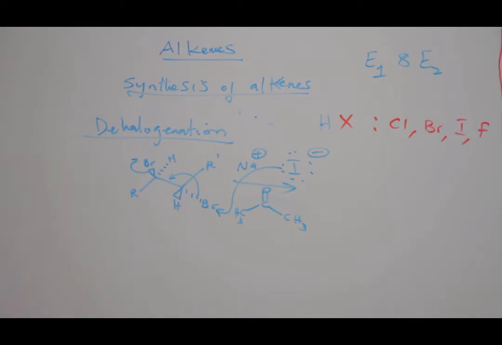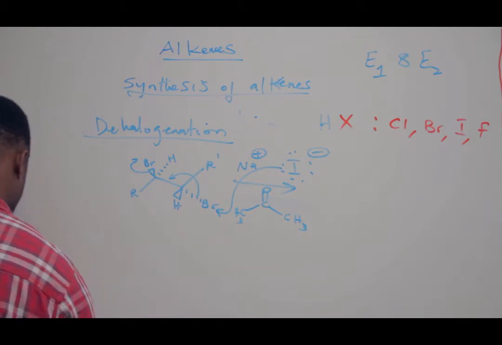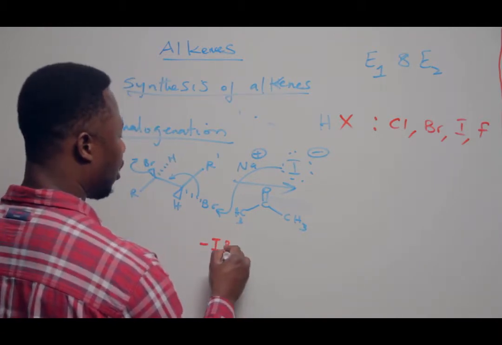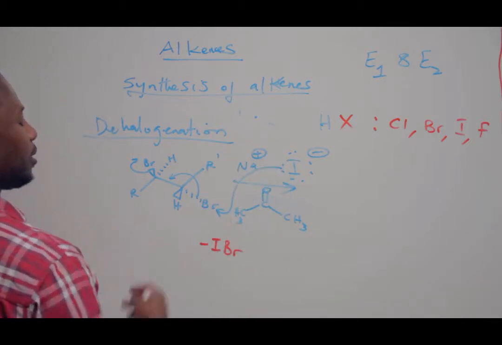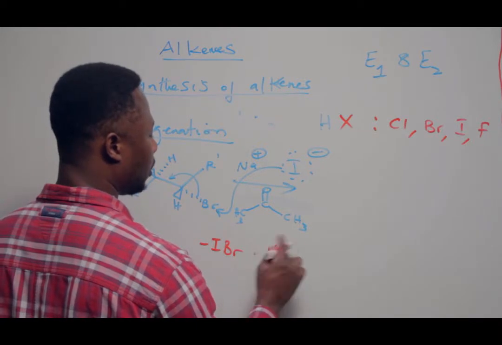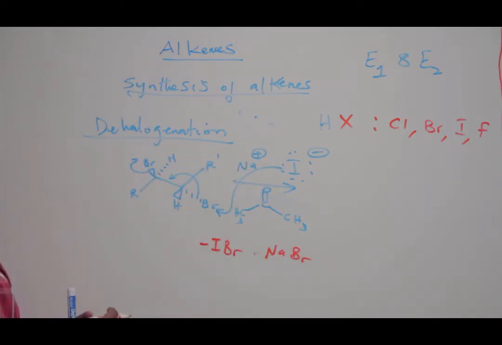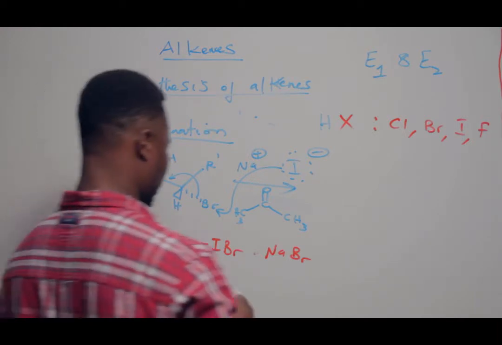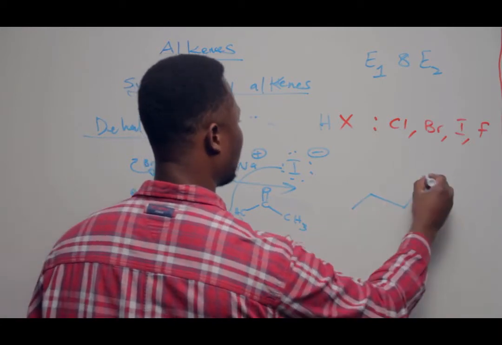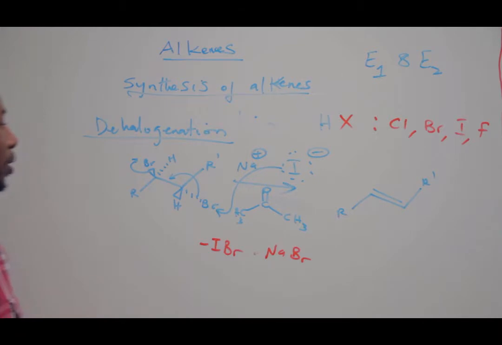It's a quick reaction because now you have formed IBr. You have also formed sodium bromide, because sodium is plus and the bromine that is coming out is minus, and of course your organic product, which is an R group with a double bond and an R prime.